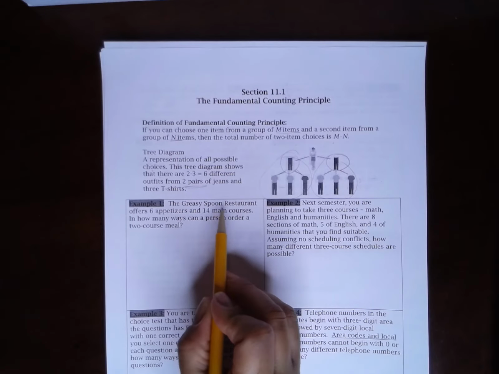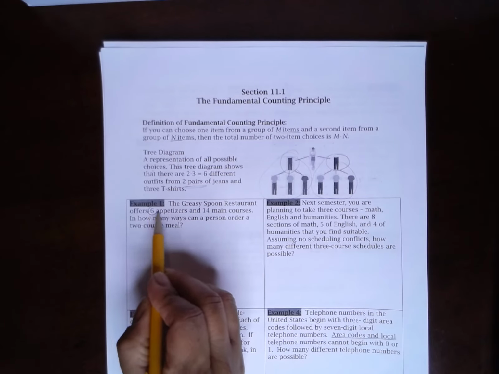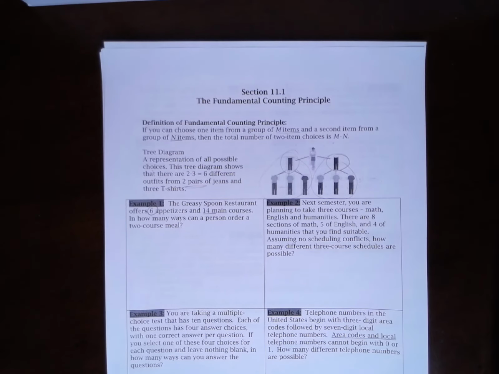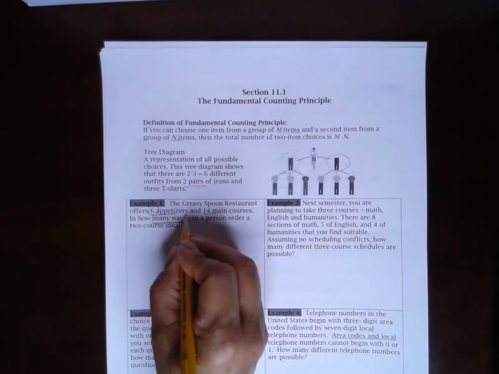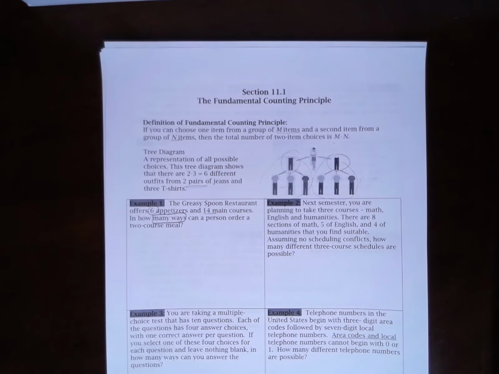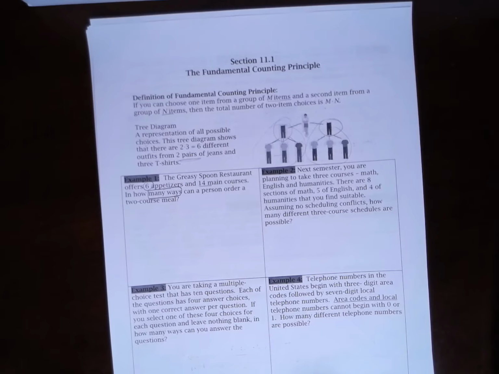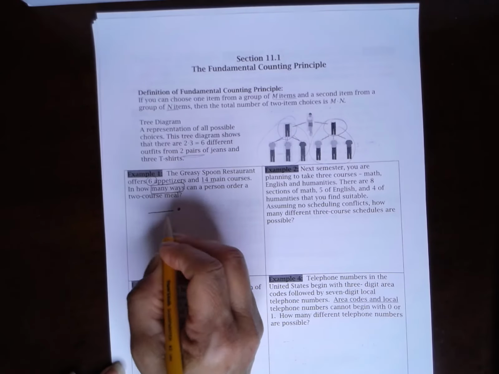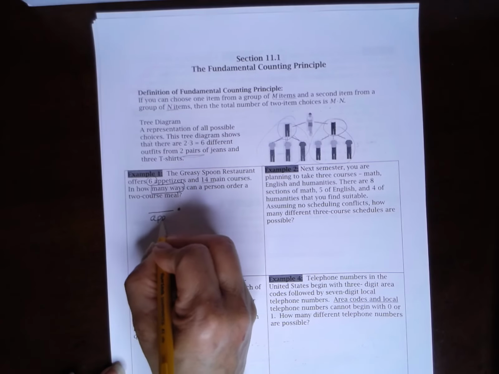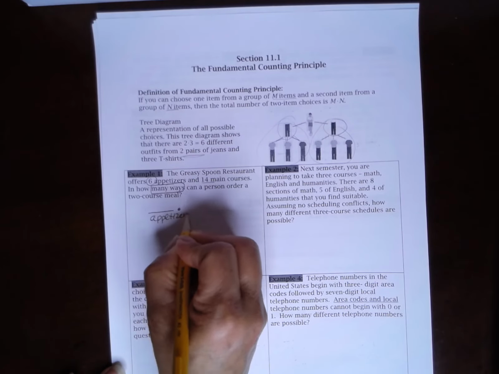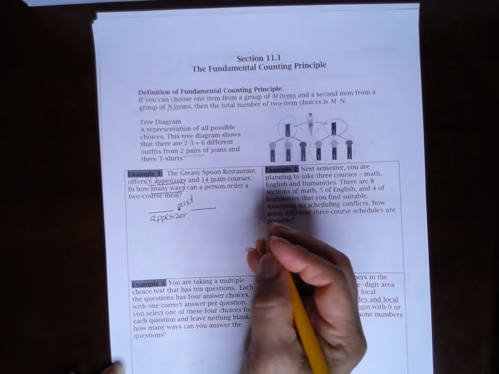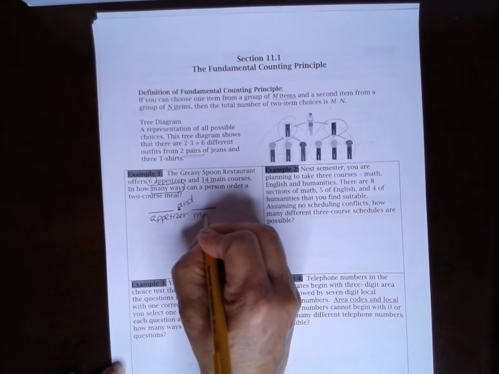The Greasy Spoon restaurant offers 6 appetizers and 14 main courses. In how many ways can a person order a 2-course meal? A 2-course meal means you're going to choose an appetizer, and you're going to choose a main course.